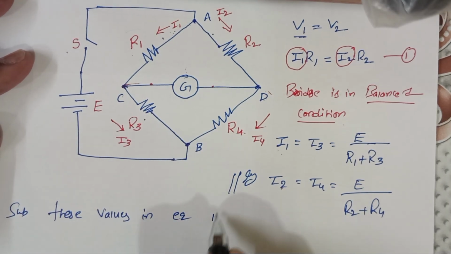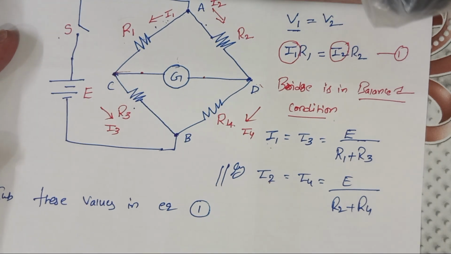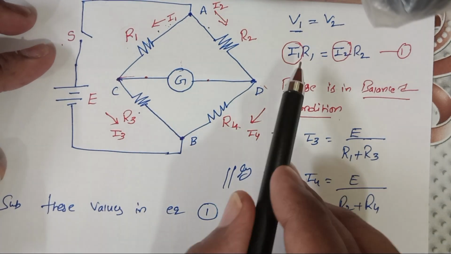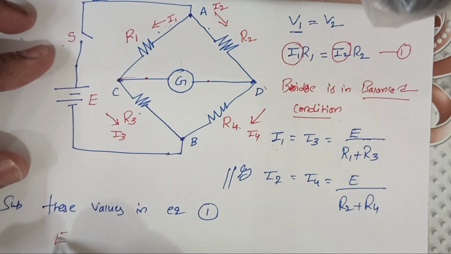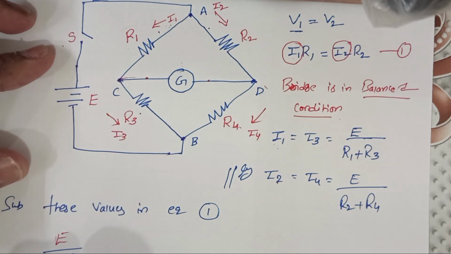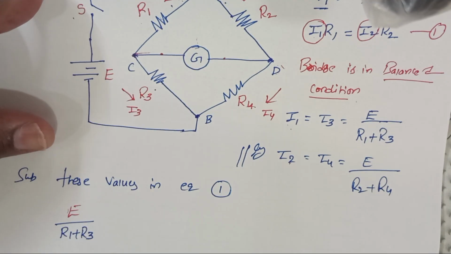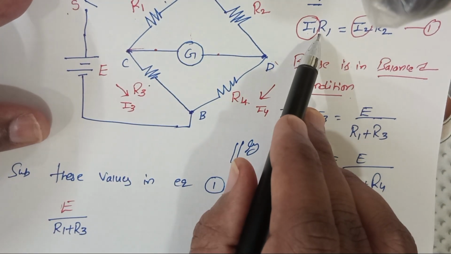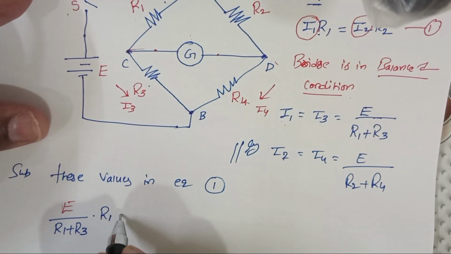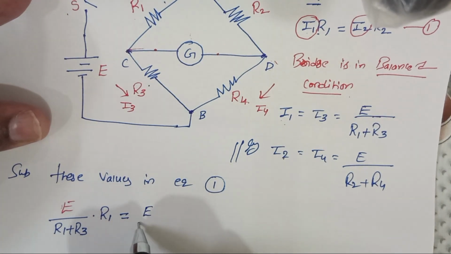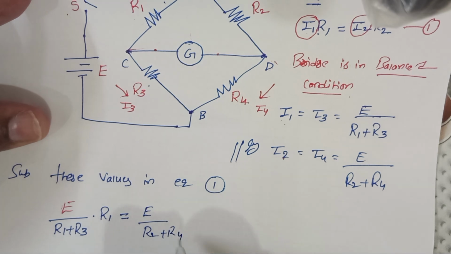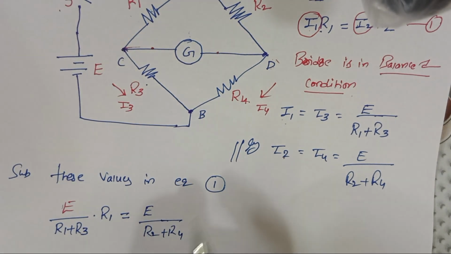Instead of I1, we substitute E by R1 plus R3, into R1, equal to I2, which is E by R2 plus R4, into R2.